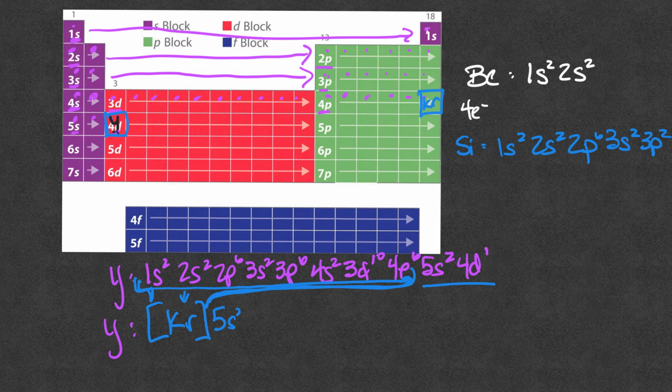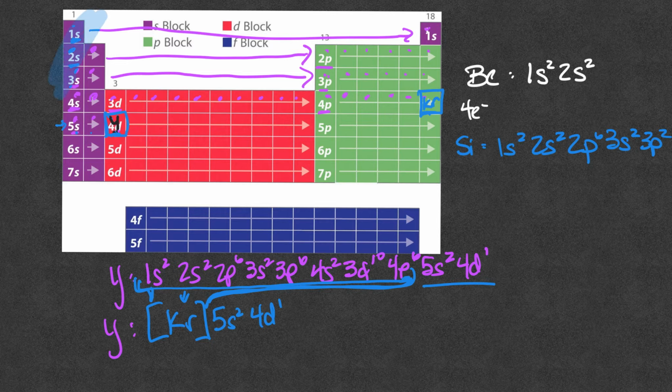So it's 5s2, 4d1. In other words, when you write the noble gas inside the brackets, you can start on the same row that your element in question is on. We covered the first 4 rows. Now we're going to start on the fifth one because yttrium is on the fifth one. And all we have to do is 5s2, 4d1.